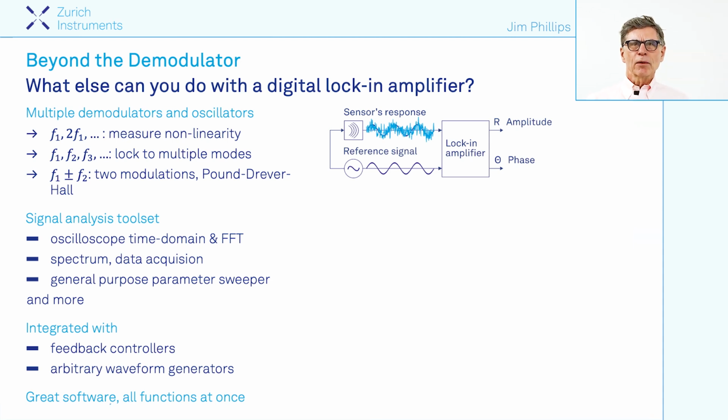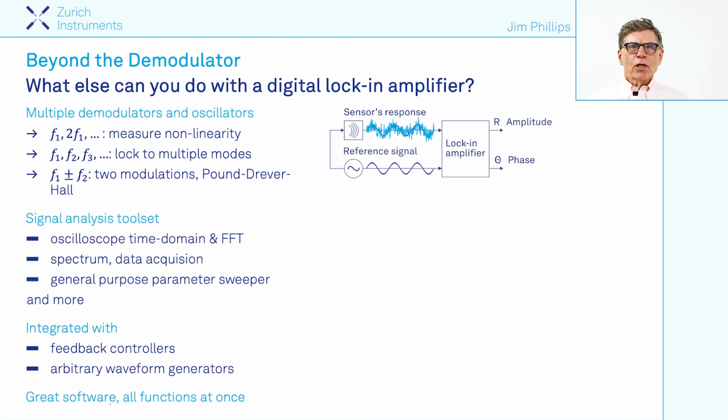And Kıvanç will talk about an example of mass spectrometry on a cantilever, which takes advantage of that. And we can also measure at F1 plus and minus F2, which is natural when you have two modulation frequencies, F1 and F2. You might modulate a laser and have a cantilever, for example. It's also useful for Pound-Drever-Hall locking, which we'll talk about later.